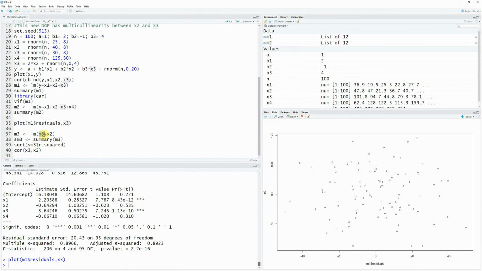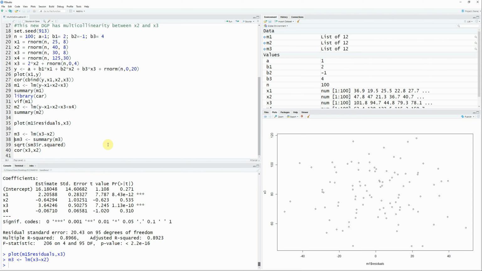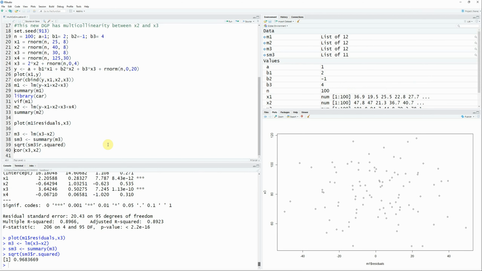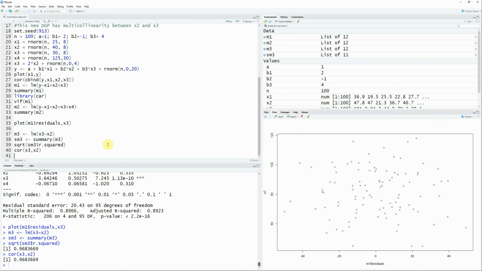In this case, x3 and x2 are correlated variables. So if I create a new model n3 and from n3 get R squared and then get the square root of that, that number is exactly equal to the Pearson correlation coefficient. And you can see here that those two numbers are exactly equal.